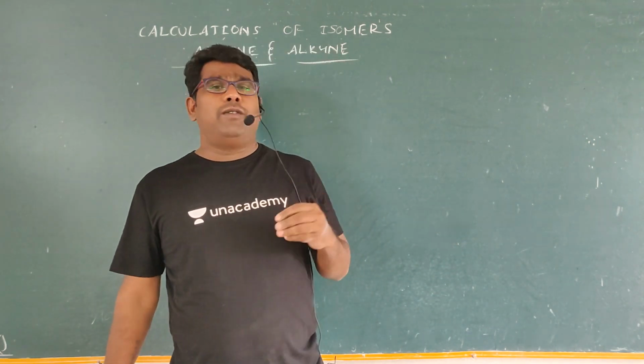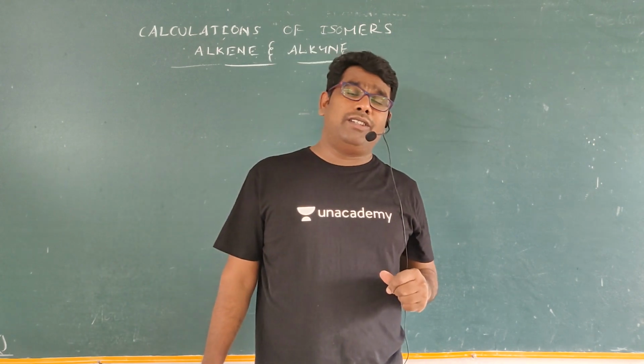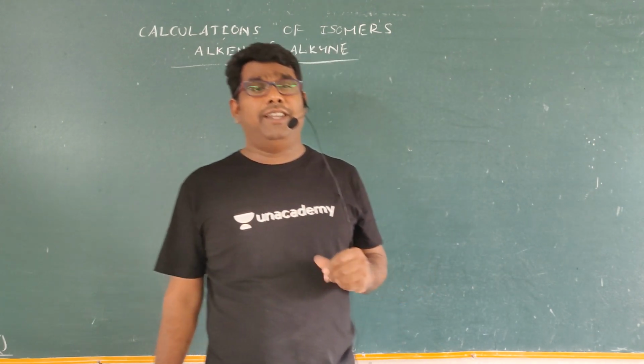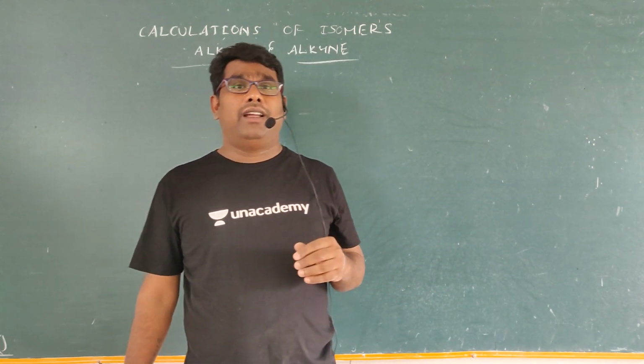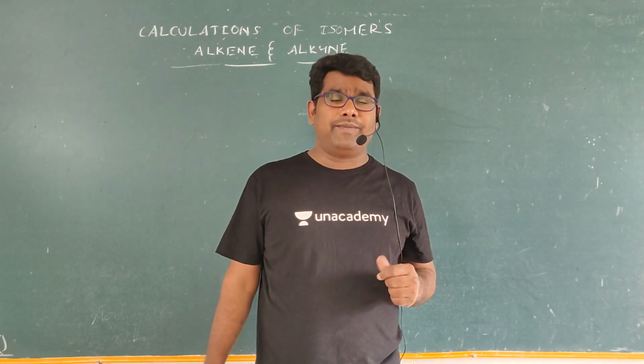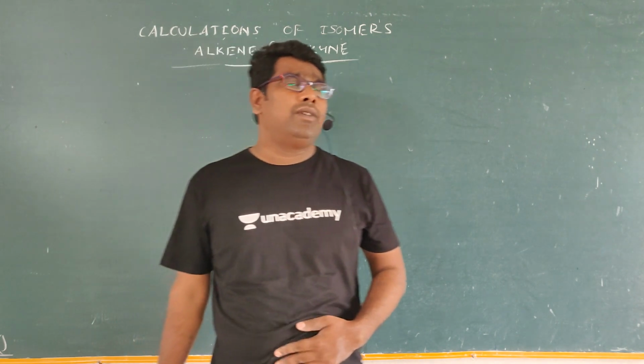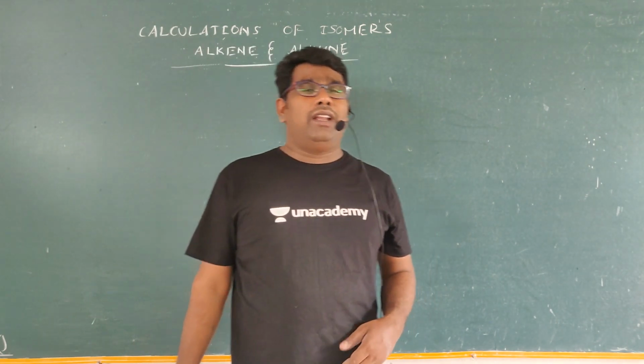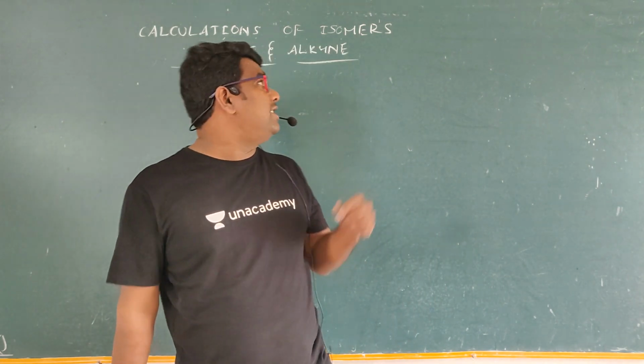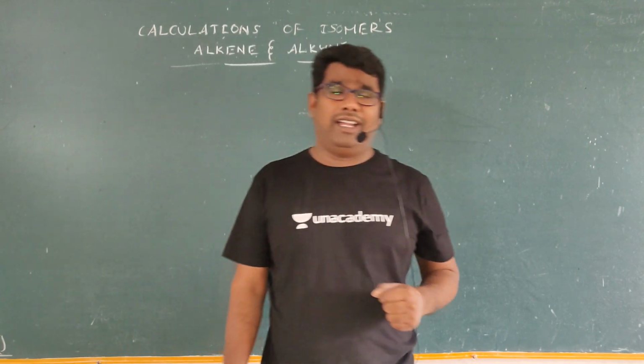This is very useful for those who are appearing for the examinations IIT JEE, NEET, and engineering entrance examinations. Students, so many students are asking how to calculate the number of isomers present in alkene and alkyne.